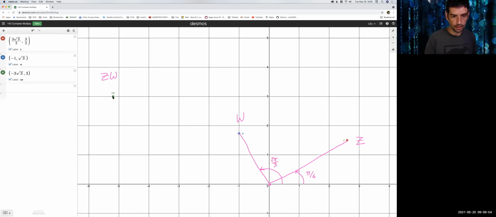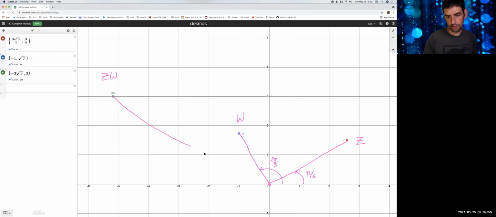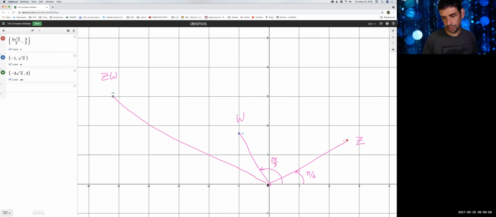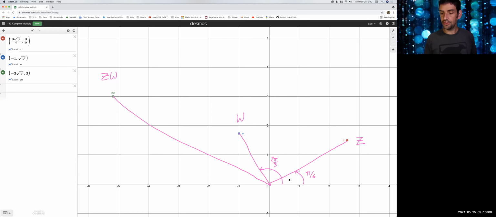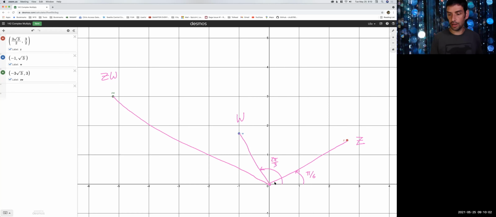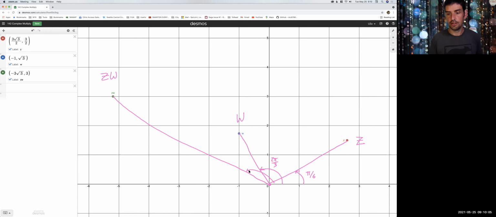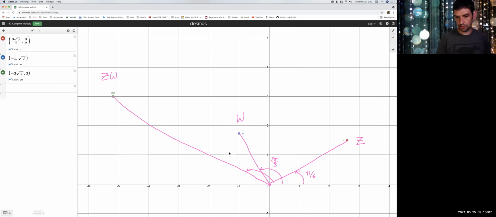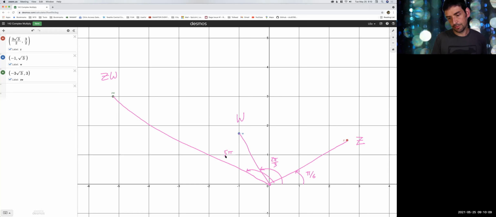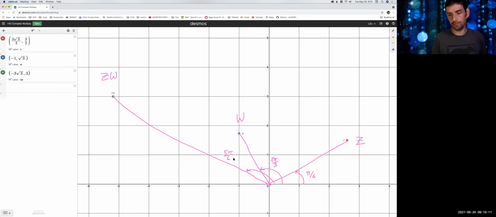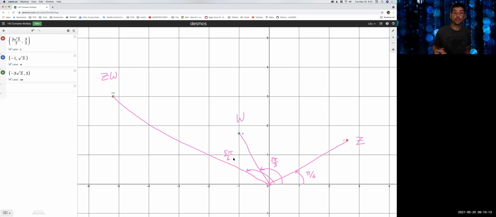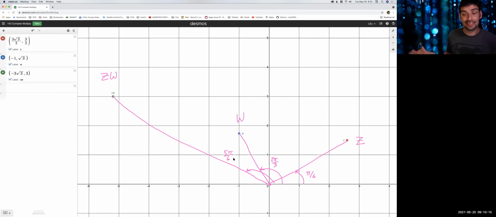And then this one's a little bit tougher to draw. Pretend that's straight. And this is simply a sum of these two angles, 5 pi over 6. One way we can interpret this is that the multiplication does two things. It scales.